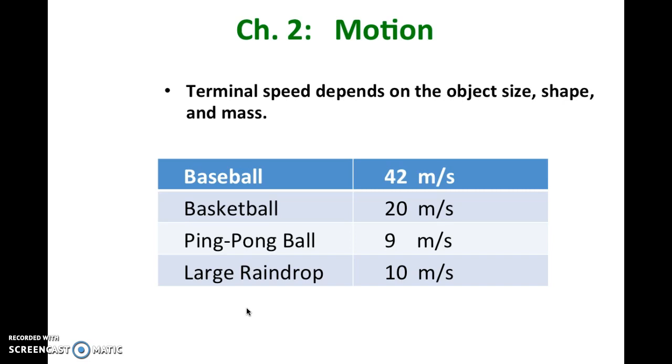Terminal speed is 42 meters per second for a baseball, 20 meters per second for a basketball, 9 meters per second for a ping pong ball, and 10 meters per second for a large raindrop.